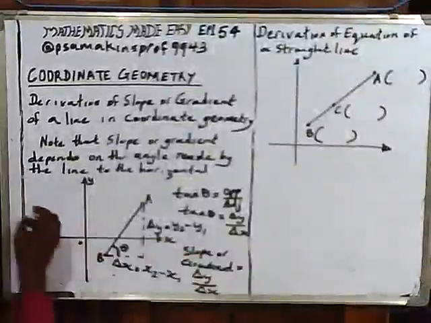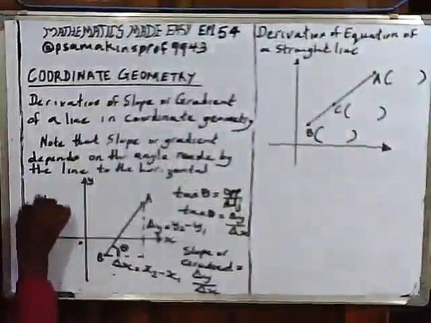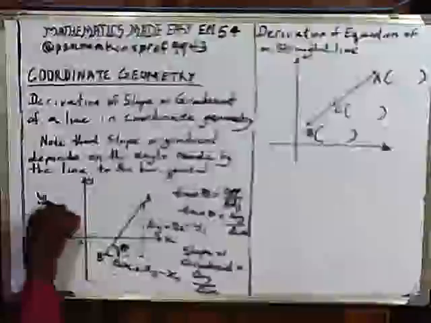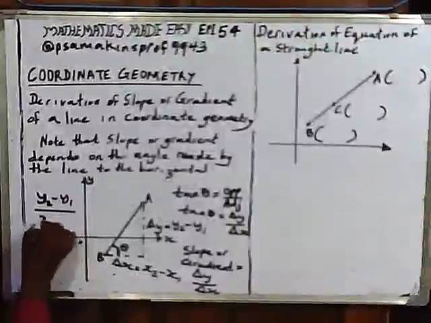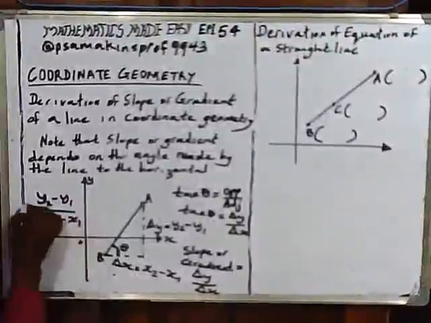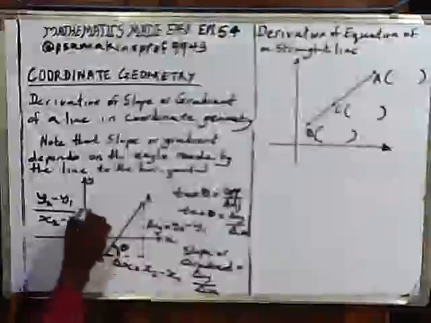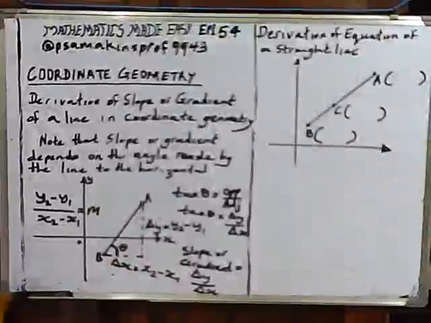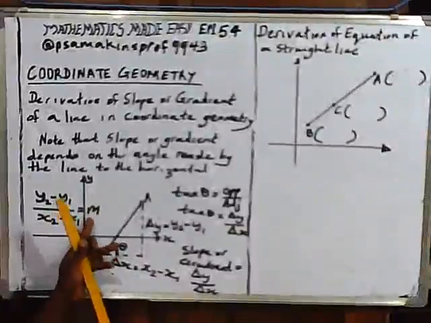Now from here, we can say that slope is y2 minus y1 all over x2 minus x1, which can be equal to m, the gradient. Now we can represent our gradient or slope as m.